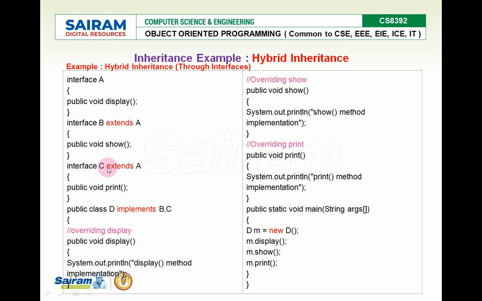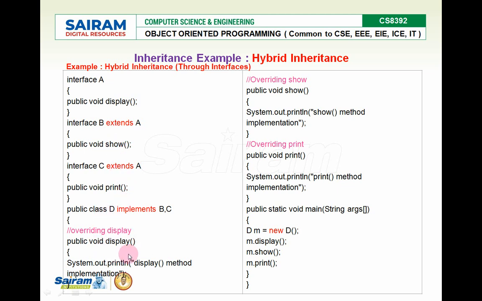You can ask a question: sir, the display function is inherited by class B as well as class C, so while implementing, the display function is going to be inherited two times, right? It won't happen because of the ambiguity avoidance property. Only one time will the display function be inherited by class D. Though there are two copies in B and C, only one copy will be given to class D, and that will be implemented.